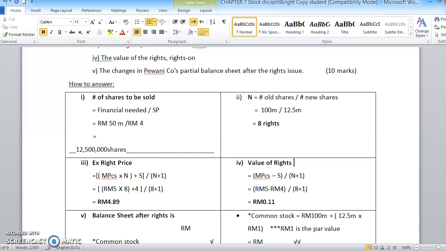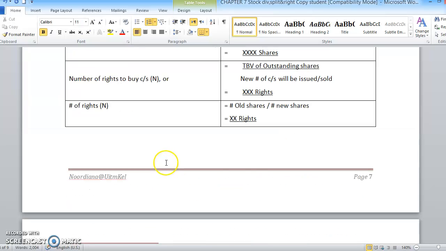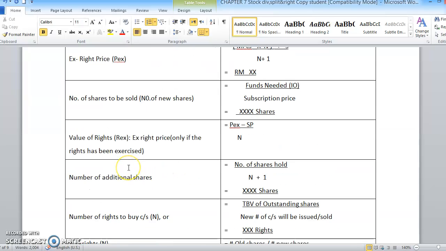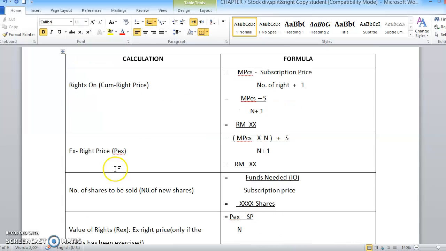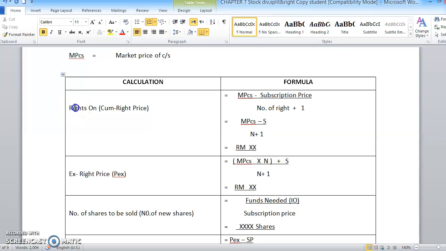Rights on ini juga dikenali sebagai RON. Okay, RON the abbreviation for rights on. Previously over here in this formula, the come right price or the rights on: market price, you have to minus the subscription price and bahagi dengan N plus 1.